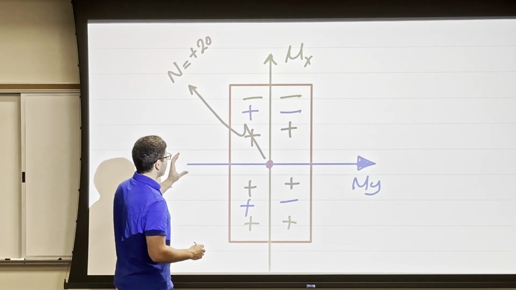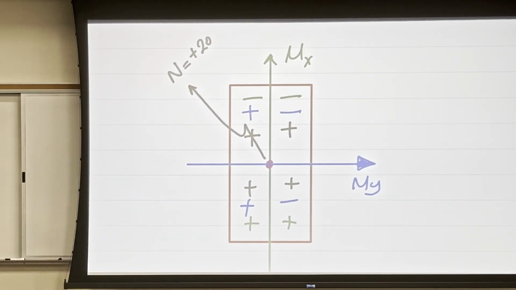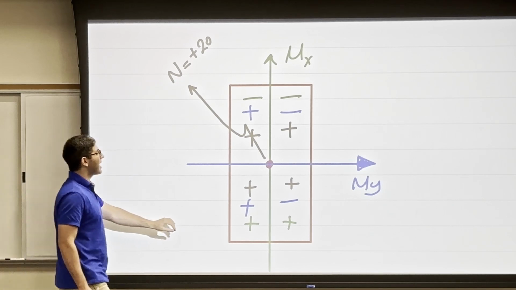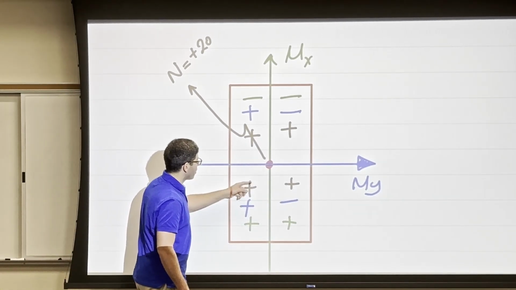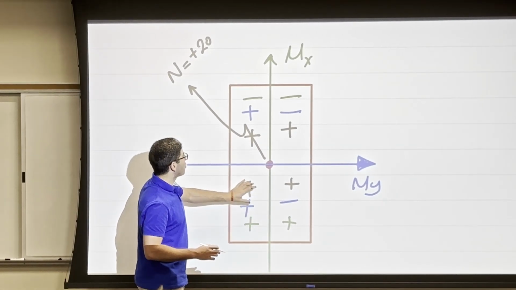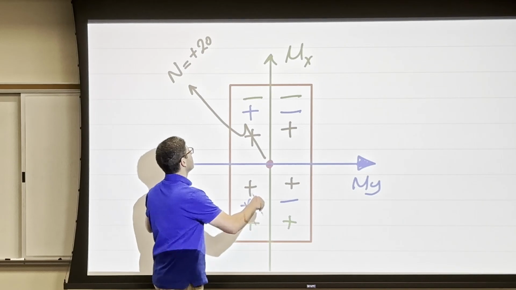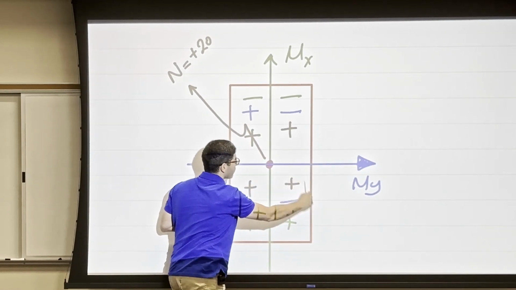So here is the thing, where the neutral axis is going to be. So remember, the neutral axis is going to pass through the quadrants where you have different signs. So the neutral axis is never going to be in this quadrant, because you're going to add all three terms together. So for sure I know the neutral axis is going to pass through this quadrant, and that quadrant as well.